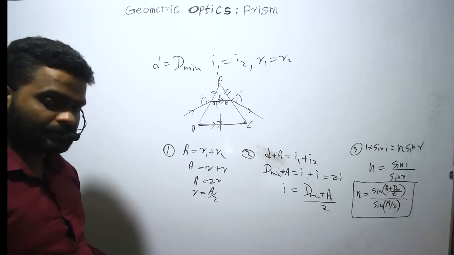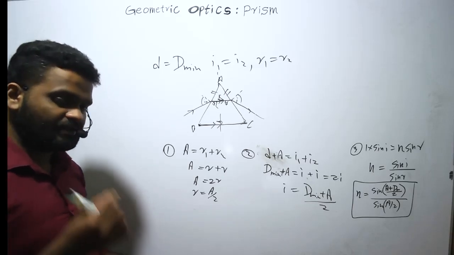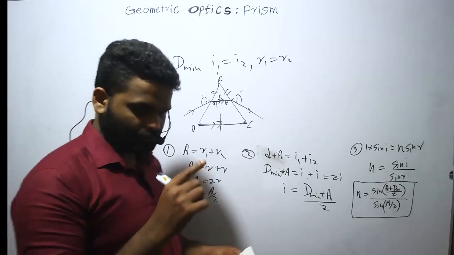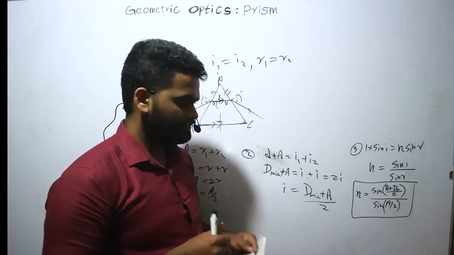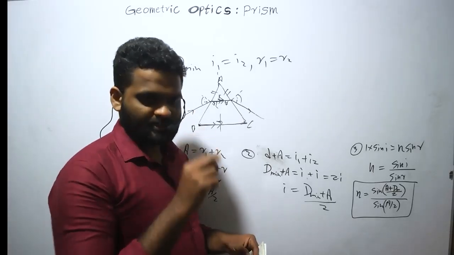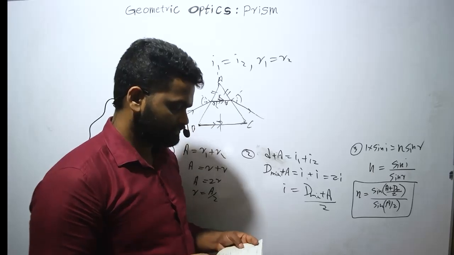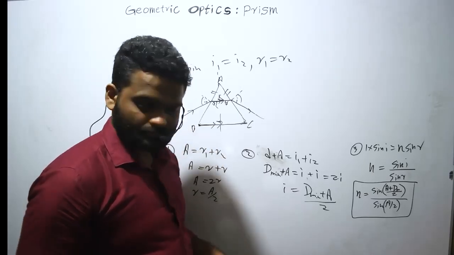Right, you can find that. Equilateral prism means we know capital A, right? It should be 60 degrees. Okay, find that.